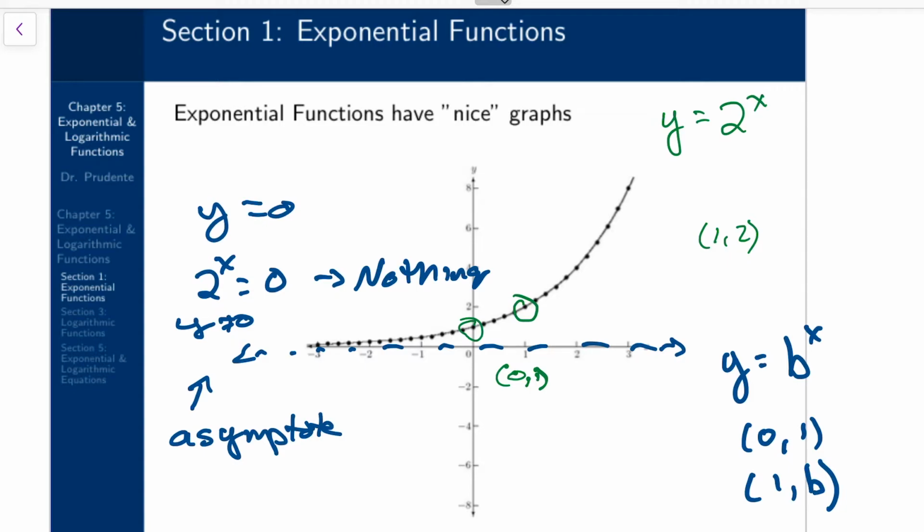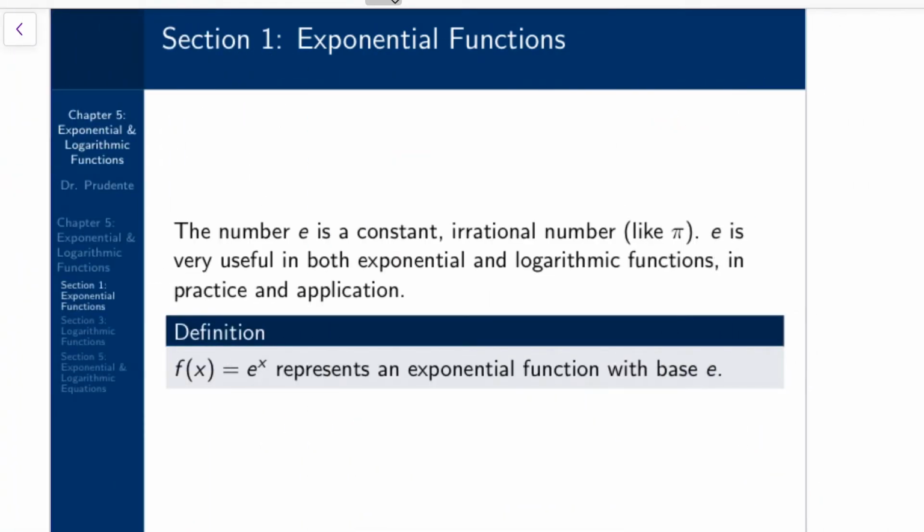All right, one thing we're going to do is talk about a base that keeps coming up time and time again. One number that we actually see repeated a lot is the number e. It shows up a lot in real-world examples, whether it's in nature or business or anything like that.